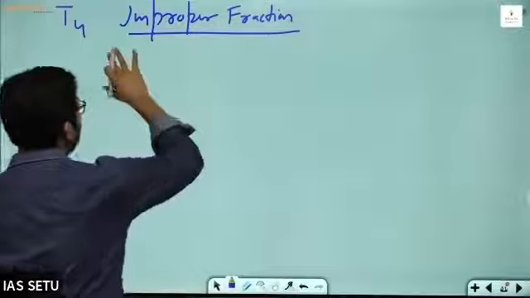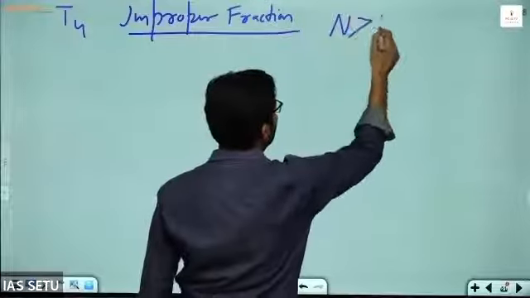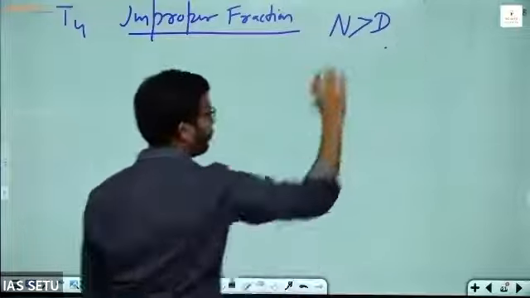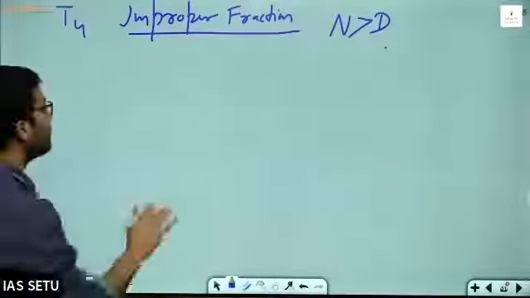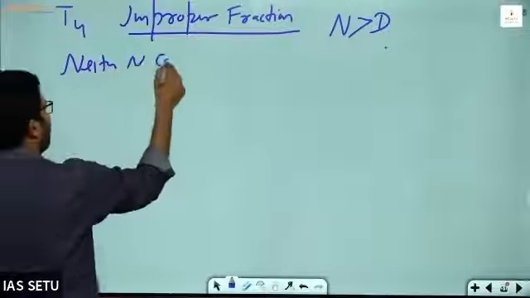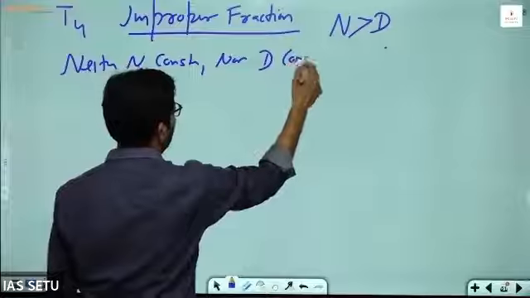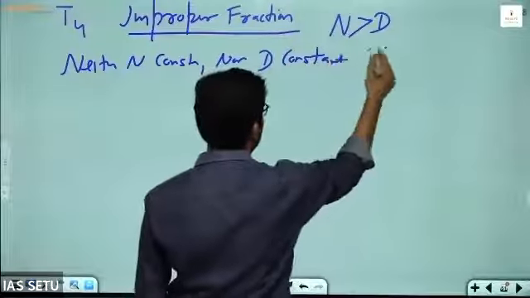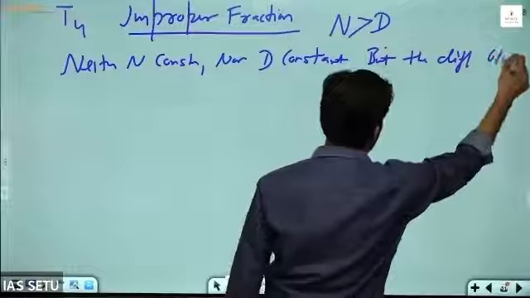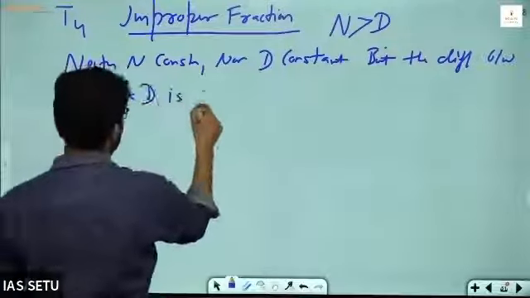Now here type 4 is improper fraction where numerator is greater than denominator, like 4 by 3, like 7 by 5. Those are improper fractions. And what we have here, neither numerator constant, nor denominator constant, but the difference between numerator and denominator is constant.